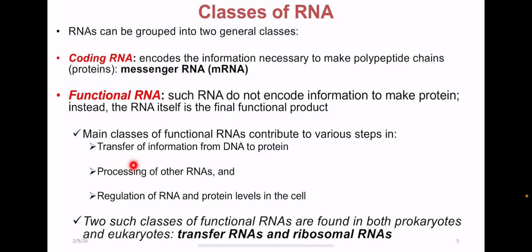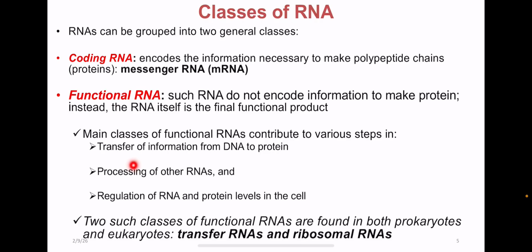They play a role in the transfer of information from DNA to protein, and I'm sure we all know the role tRNA plays in translation, and we also know the role rRNA plays in translation.